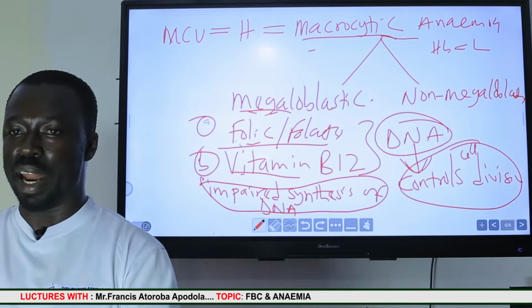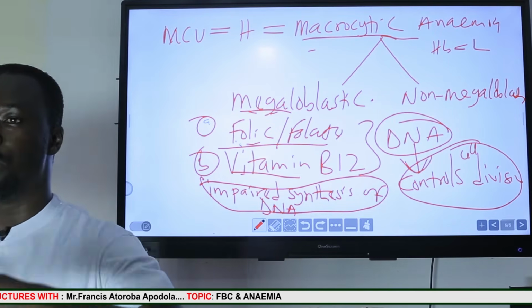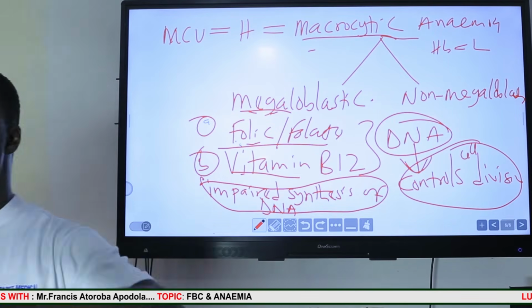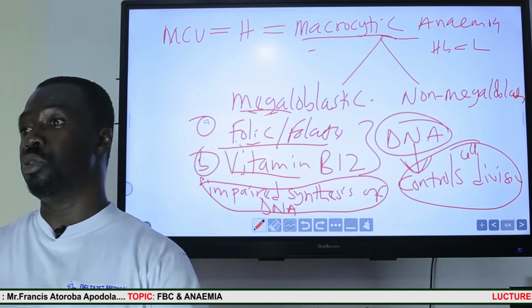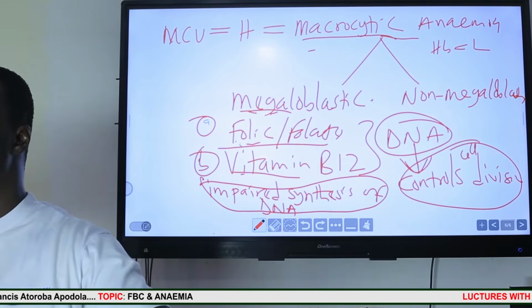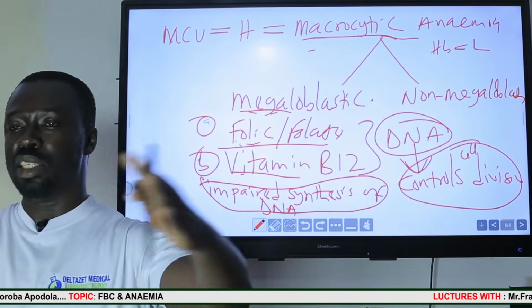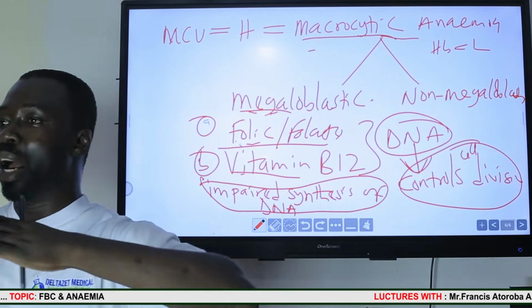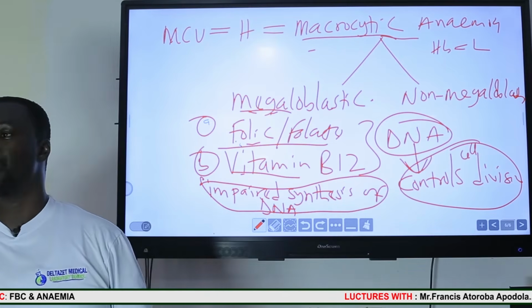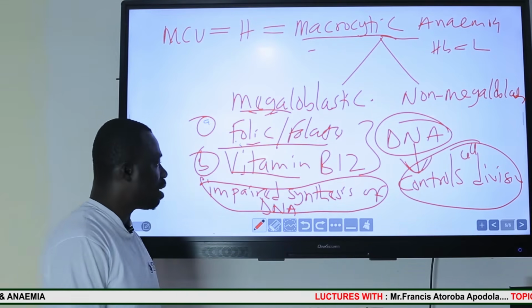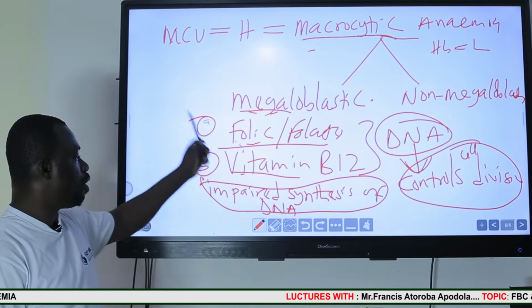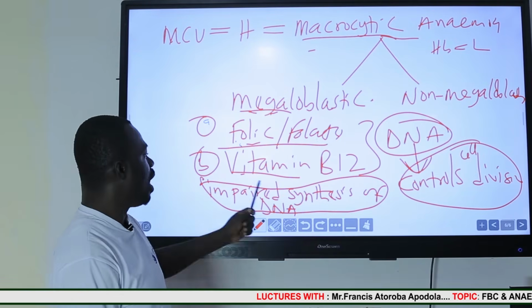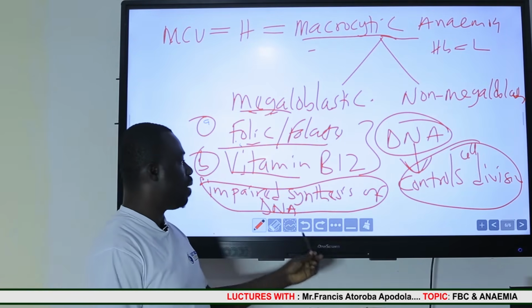So a single red blood cell, instead of dividing to give rise to multiple RBCs, will continue to stay single and grow larger than normal. So once it happens this way, then we say the cell is bigger than normal, and that is what we call megaloblastic anemia. So folic acid and vitamin B12 are the common causes of megaloblastic anemia.